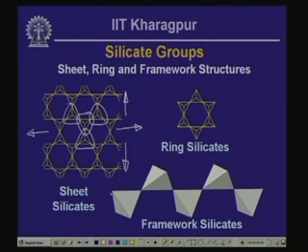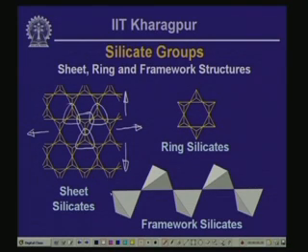This type of structure is called sheet silicate, as the individual tetrahedra combine with each other and form individual sheets. Here you can see more oxygen ions are shared between different tetrahedra. As a result, the oxygen as a percentage of silica will be even smaller in comparison with a double chain silicate mineral.